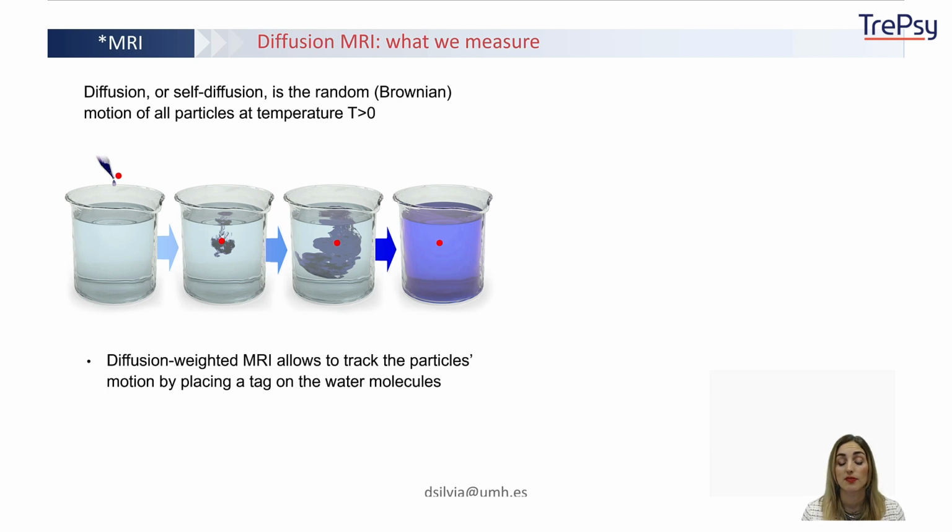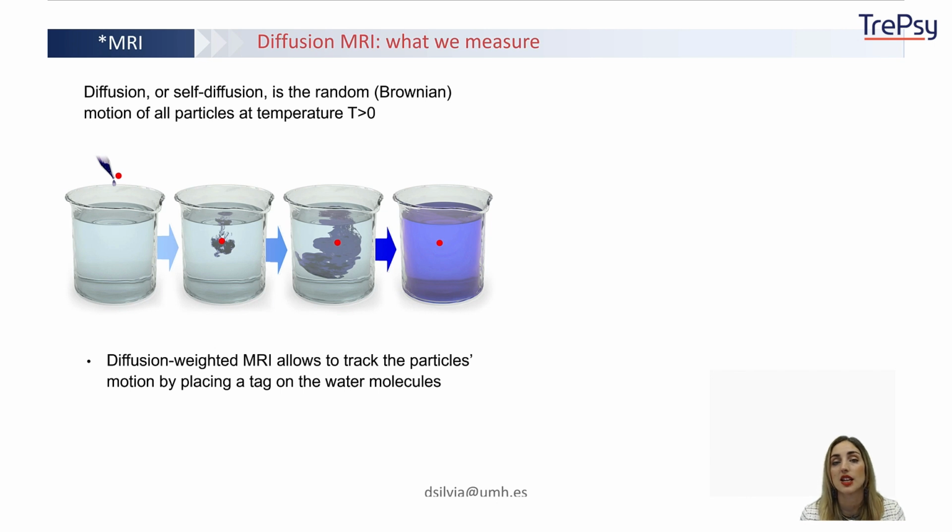because there are sequences that allow us to track the displacement of particles as if we were putting a red tag on water molecules and observing how they displace. Diffusion in this picture can be visualized as a colored drop of ink in water.